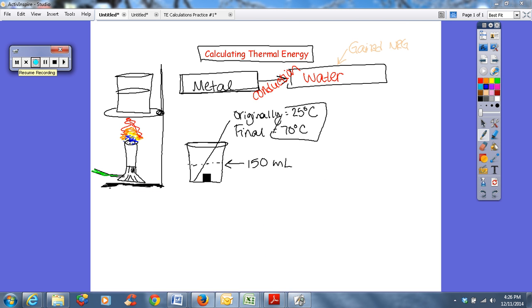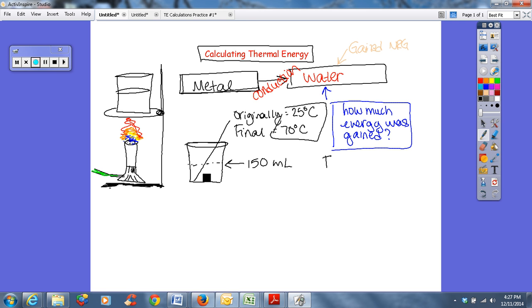Going back to this problem here, we indicated that the material that gained energy was water. And that's when you use the formula.